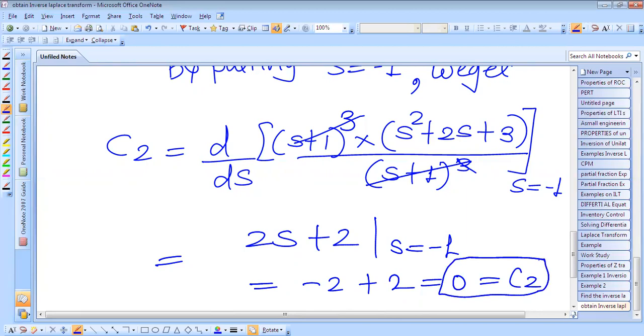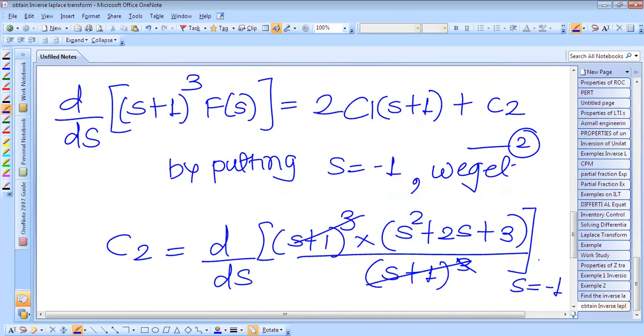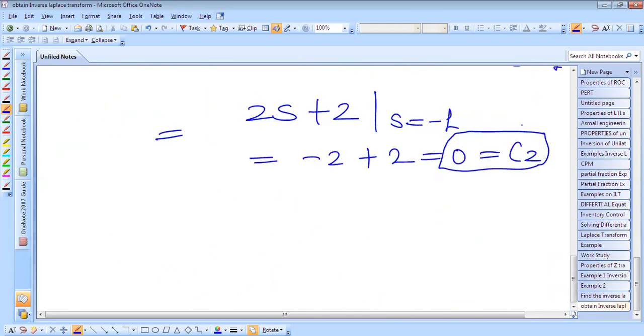Now only the value of c1 remains. We again differentiate equation number 2 with respect to s.